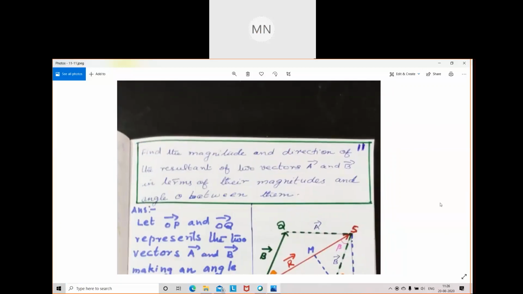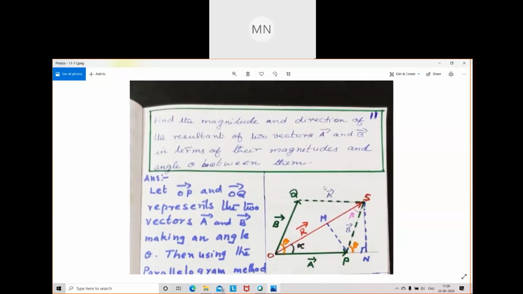Yes, this is the question: find the magnitude and direction of the resultant of two vectors, vector A and vector B, in terms of their magnitudes and the angle theta between them.